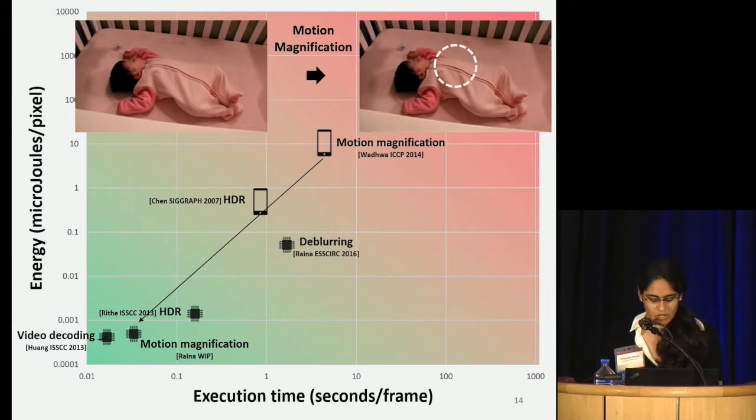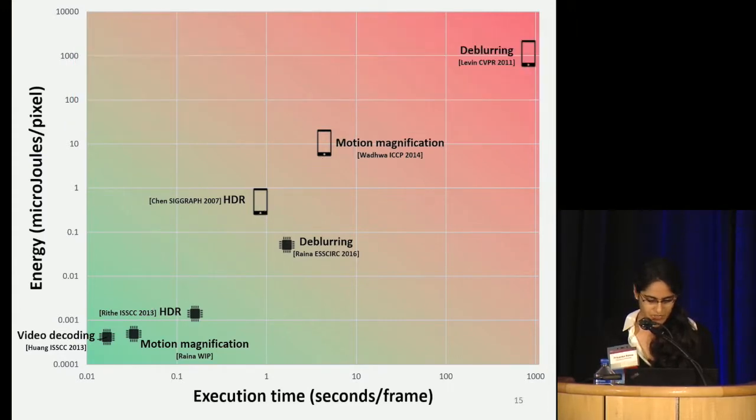What I want to get across is that you can enable orders of magnitude improvement in energy and orders of magnitude improvement in execution time if you design dedicated hardware accelerators. So far, the algorithms that I showed you were more of an image processing type, where you are trying to enhance the image or the video quality in some way.